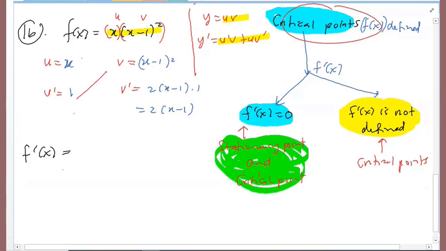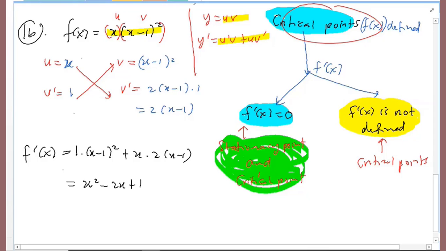So u prime v is 1 times (x minus 1) squared, plus x times v prime. Maybe you need to expand. Expand (x minus 1) squared: x squared minus 2x plus 1.